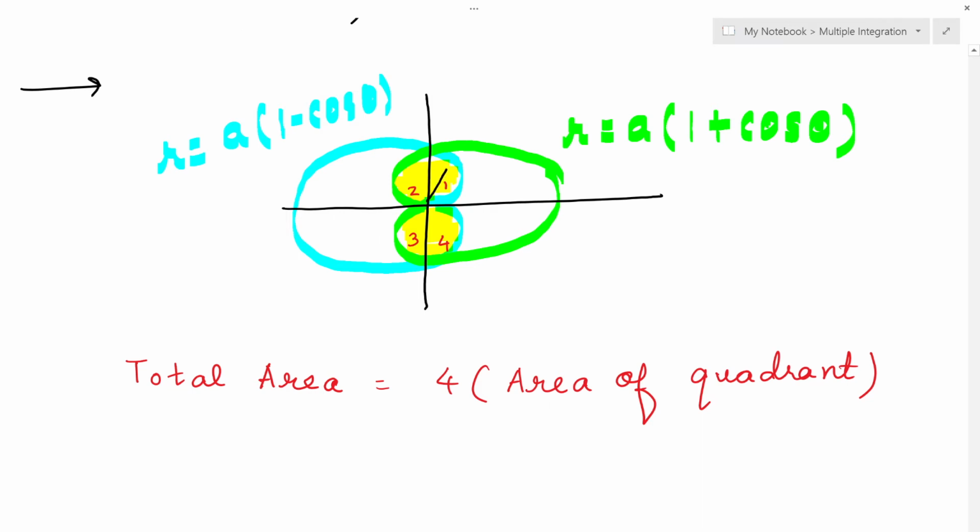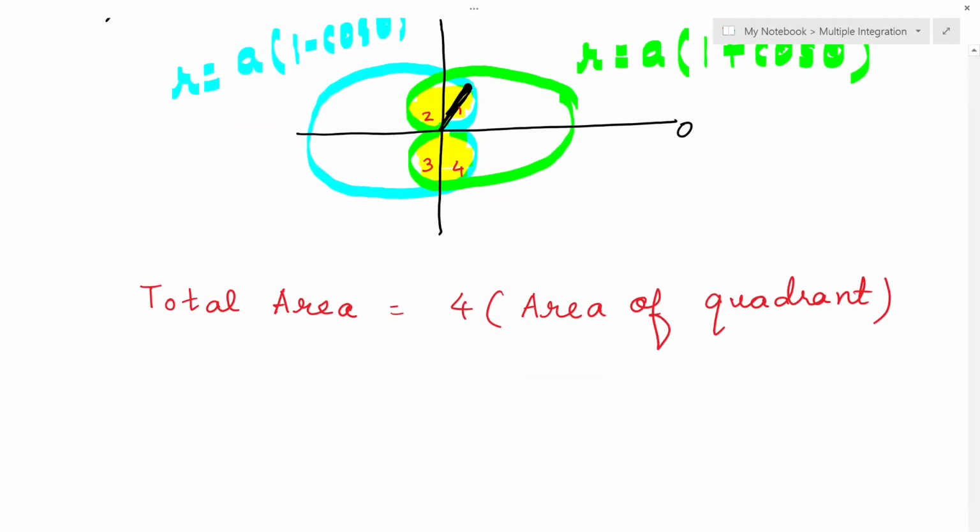So I will take a strip, radial strip. Okay, so this is my 0, this is my pi by 2. Since it is in first quadrant, obvious the outer will be 0 to pi by 2. Now only for the inner limits, the lower limit is 0 and it is touching this blue cardioid. What is the blue cardioid?